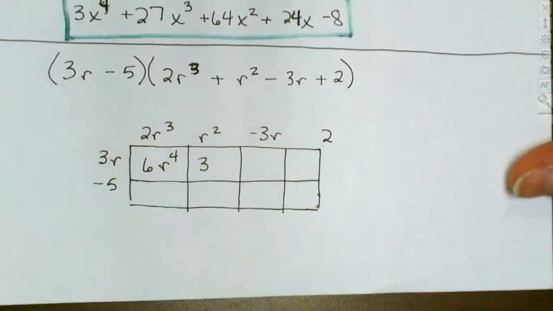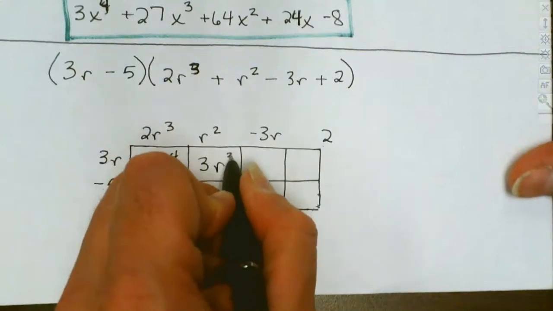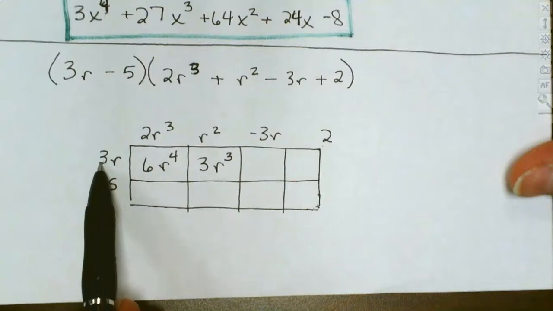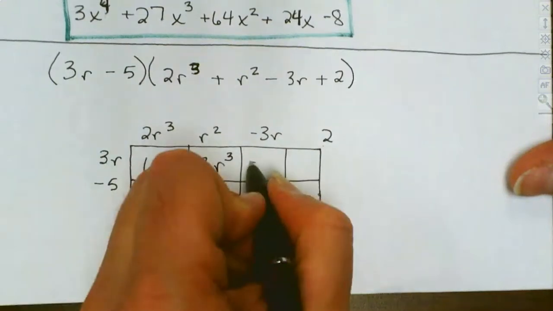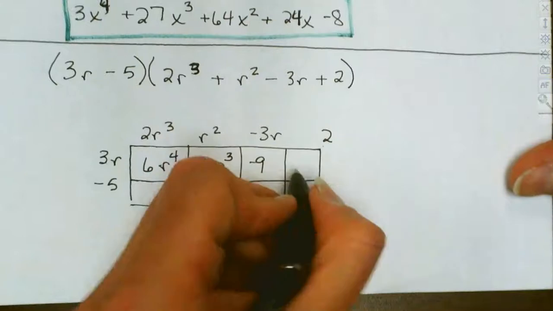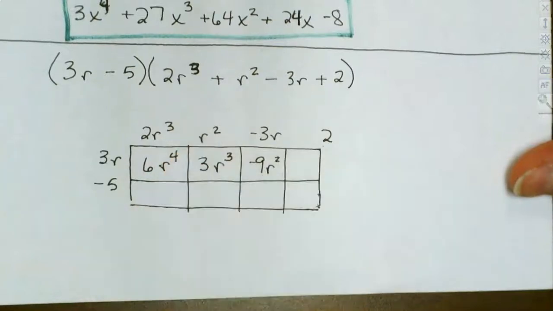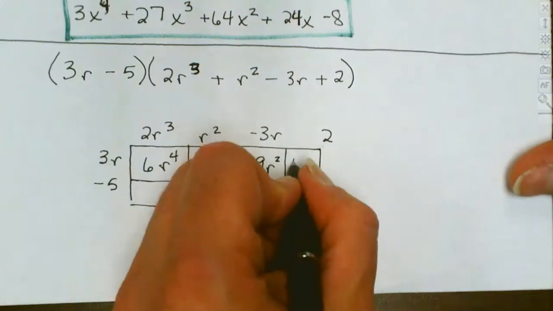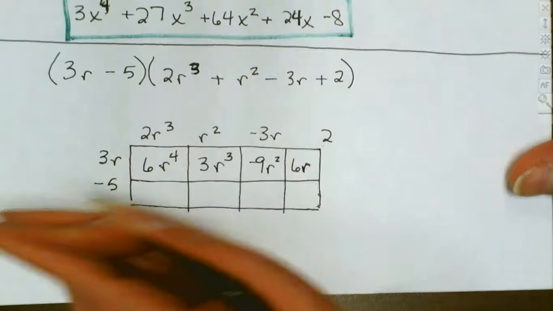There's no number there. R and r squared makes it an r cubed. Minus 3 times 3, that makes it a minus 9. R and r makes it an r squared. Next, 3 times 2 makes it 6r here.